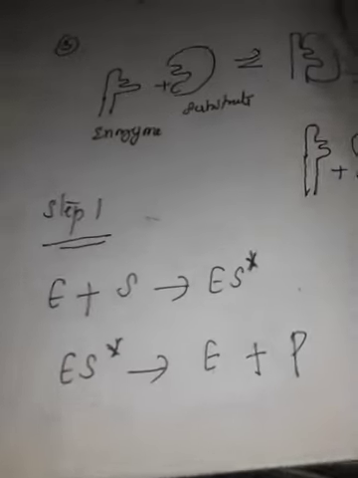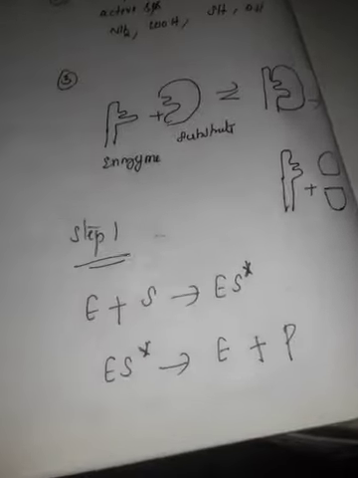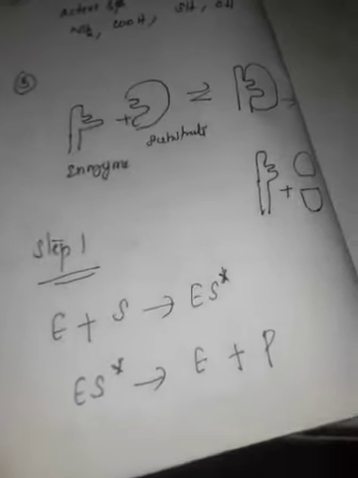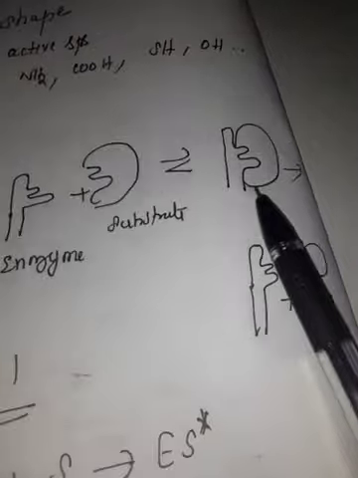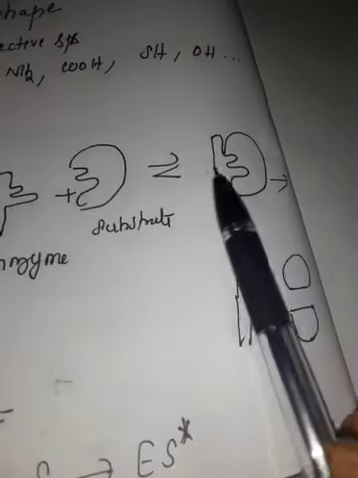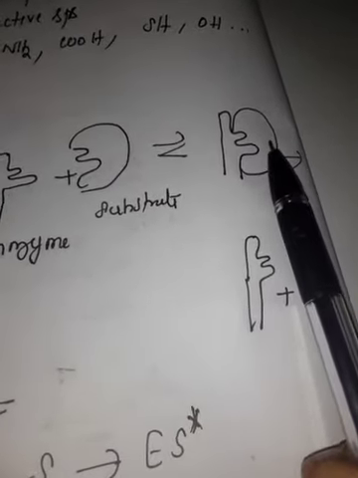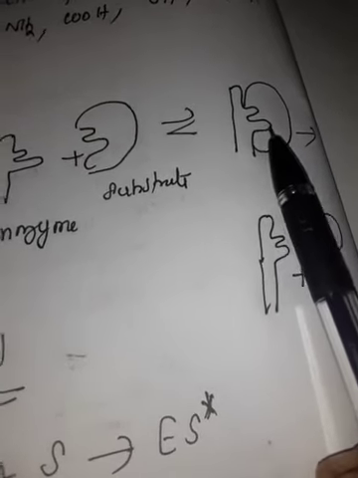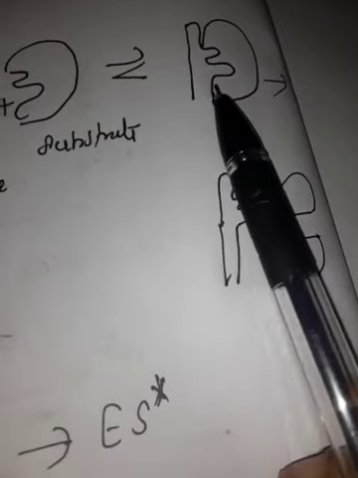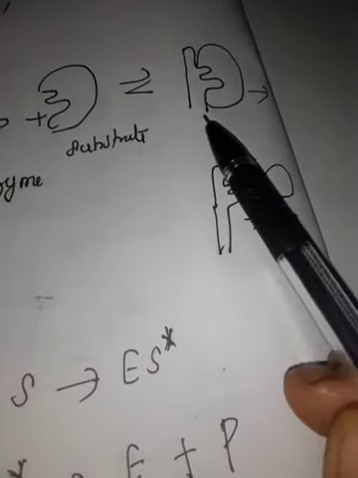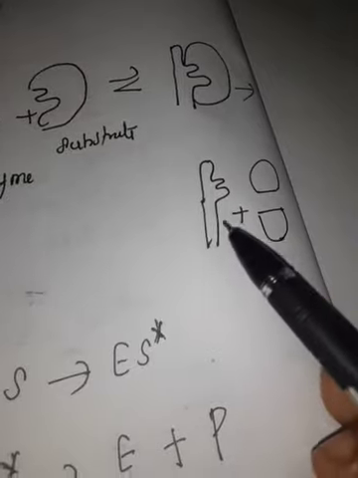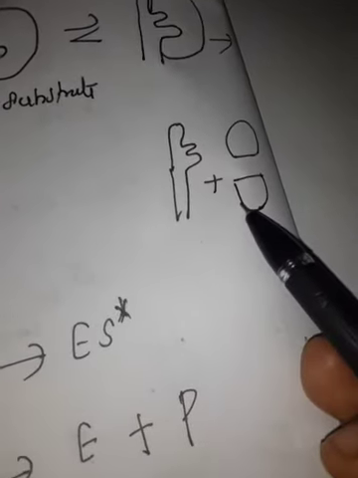This is the mechanism of enzyme catalysis, in 2 steps: enzyme combining with the substrate forming an activated complex. The enzyme should fit into the substrate just like the lock and the key. Both should have the complementary shape. So it fits into the substrate forming an activated complex. Then it divides into enzyme and once more the products get released. This is the mechanism of enzymatic catalysis.